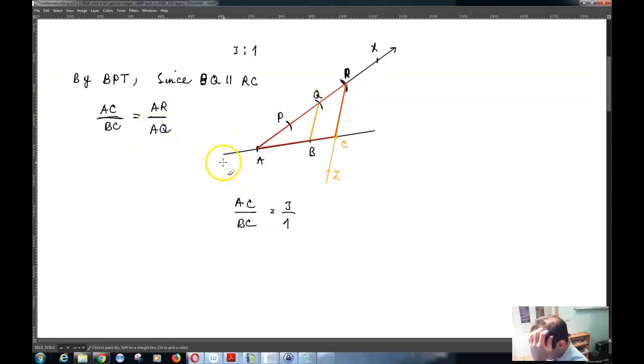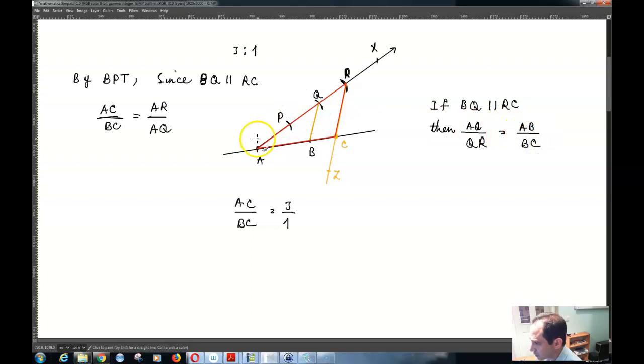Of course, the original theorem was basically if BQ is parallel to RC, then basically AQ to QR is equal to AB to BC, meaning that this distance to this distance is equal to this distance to this distance.